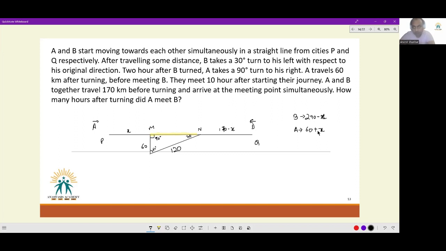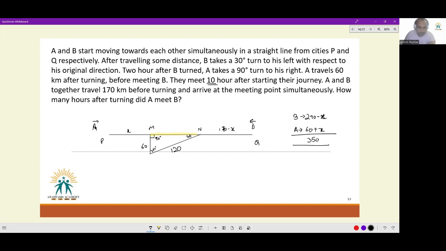Okay. Now, what can I work with? What do I need finally? How many hours after turning did A meet B? Okay, wonderful thing. They meet 10 hours after starting their journey. Together, the combined distance traveled by the two of them is 350.